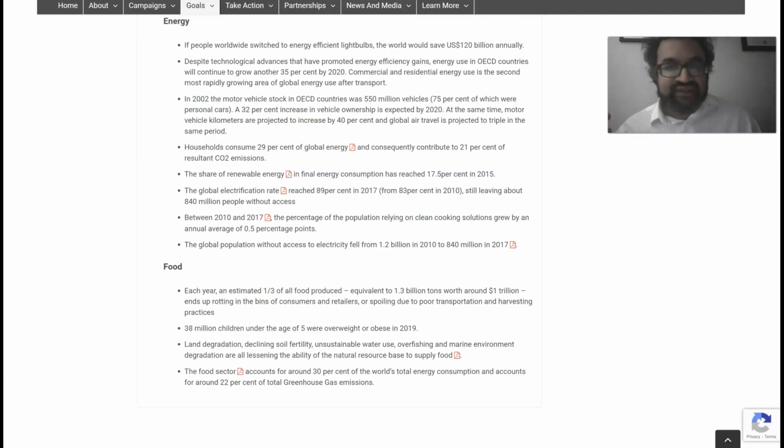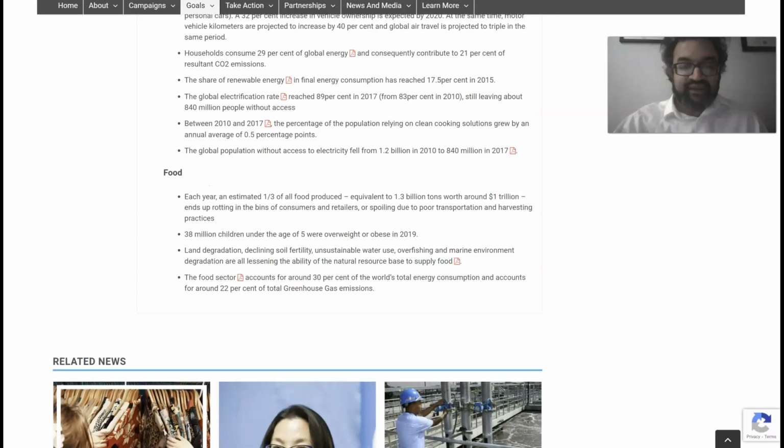Just thinking about motor vehicles, a 32% increase in vehicle ownership has occurred by 2020. Motor vehicle kilometers have increased by 40%. So all of these are using up energy.